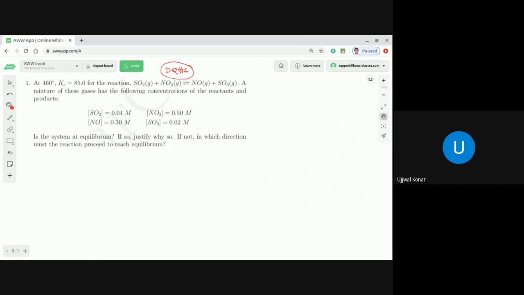Correct or not? Yes, sir. And so the reaction will shift. That concludes the reaction will shift in the forward direction. Correct. So I made the solution in this manner. Please have a look into it, and if you have any question, please do let me know.